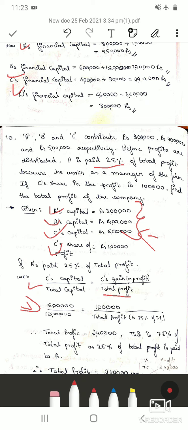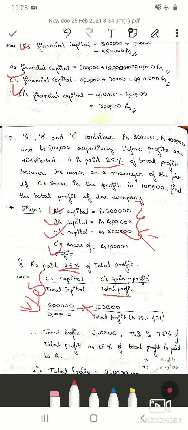So now the total profit, that is 75% of the total profit, because 25% is paid to A. When you cross multiply, we get total profit as rupees 2,40,000. This is 75% of the total profit.